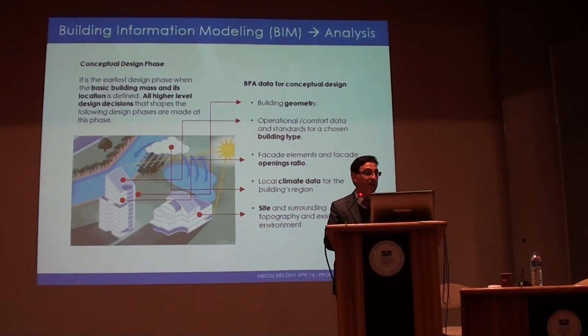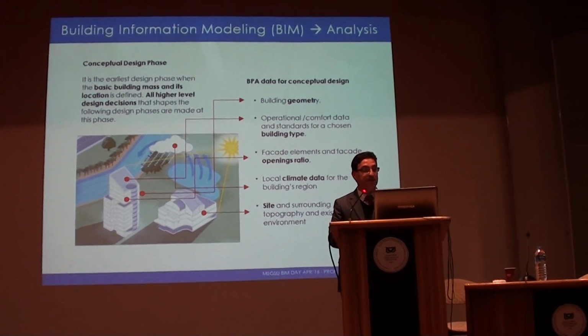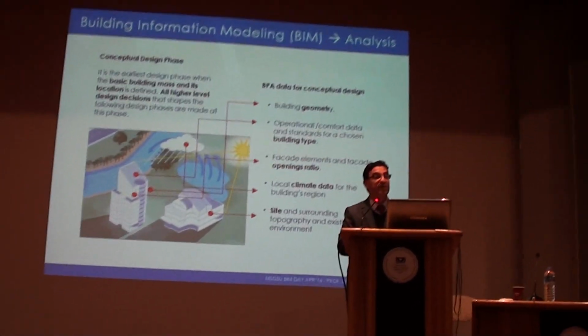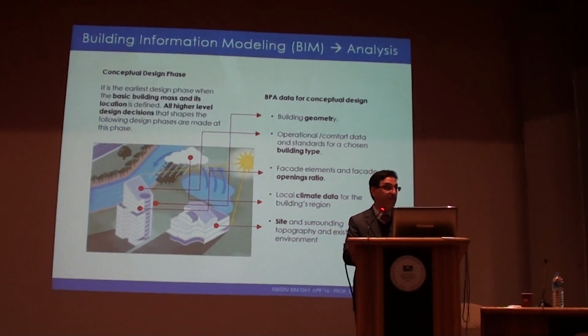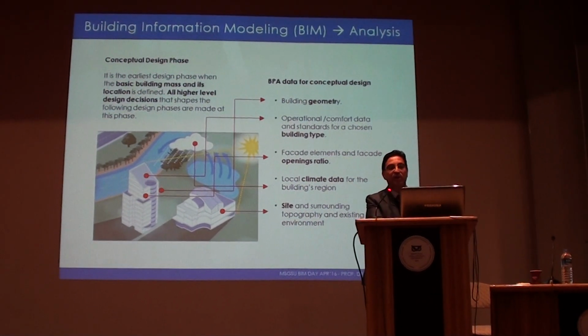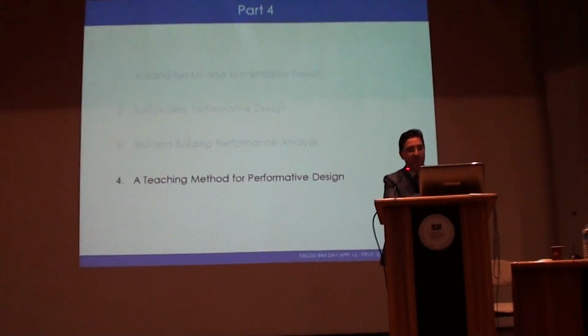We have to know local climate data for the building's region. It would be nice to know the site and surrounding topography, and existing built environments. They are all taken into consideration during the calculation of building performance.